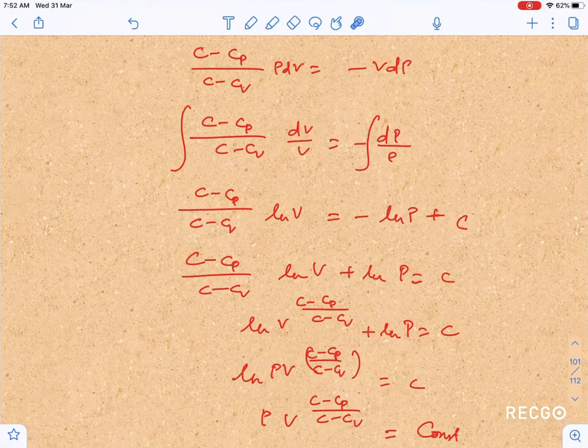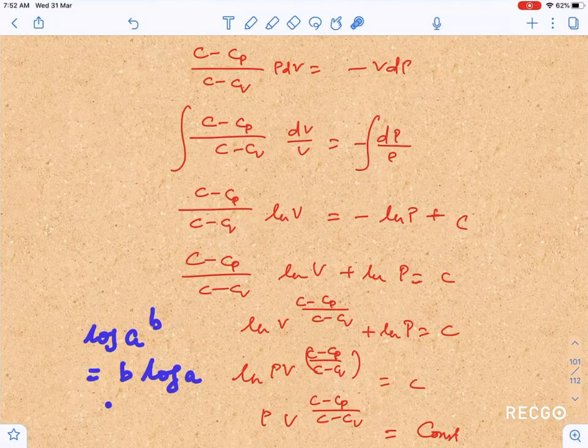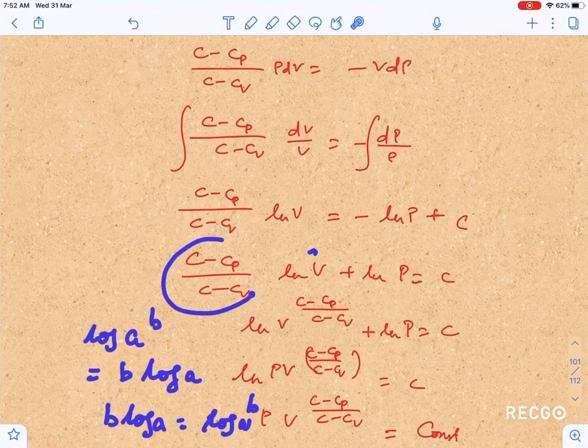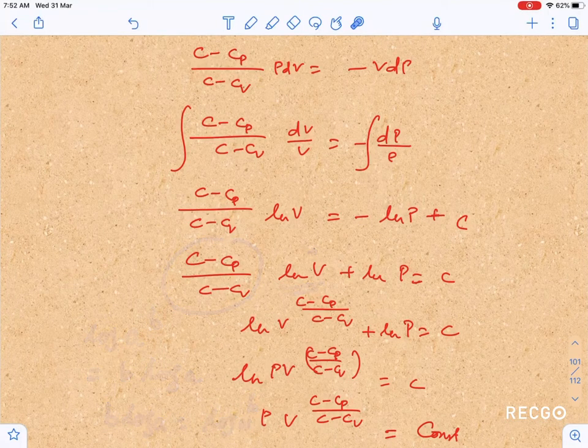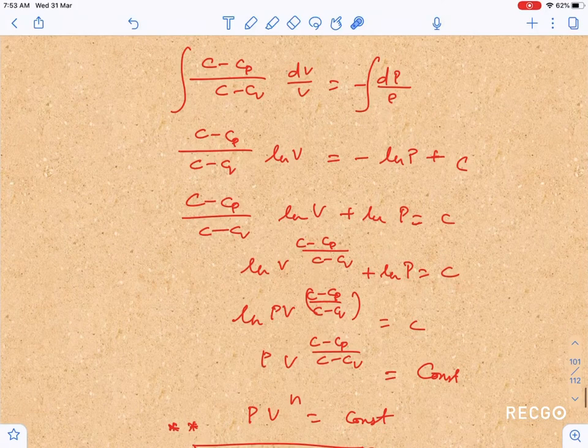Now guys, I know the property of log. Log a to the power b can be written as b log a, and also b log a can be written as log a to the power b. So I have written log V to the power (C minus CP) upon (C minus CV) plus ln P is equal to some constant.